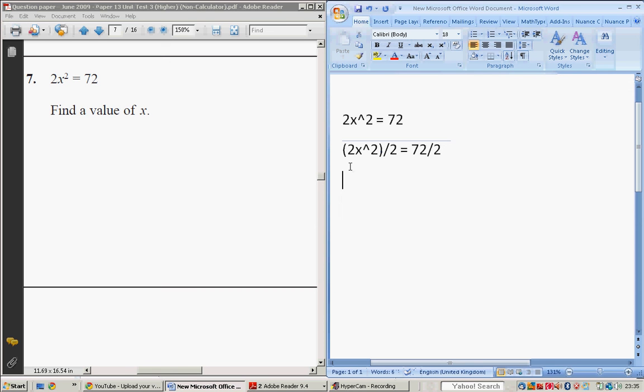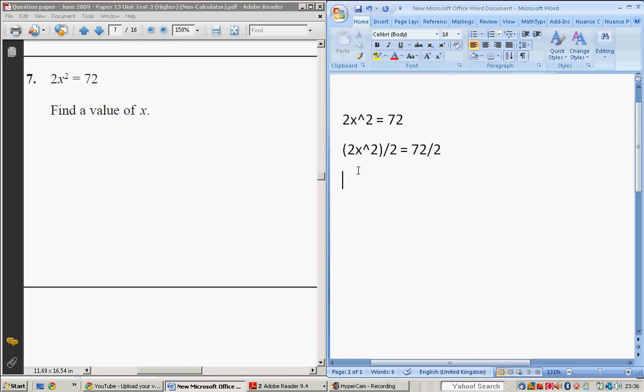I was first going to find what the square root of 72 is, because the square root is the opposite, but actually there's no even number. So just bear with me for a second. Okay, so 2x to the power of 2 divided by 2. I've just realized that is probably the correct way to go about this.